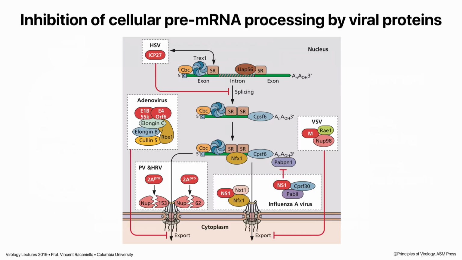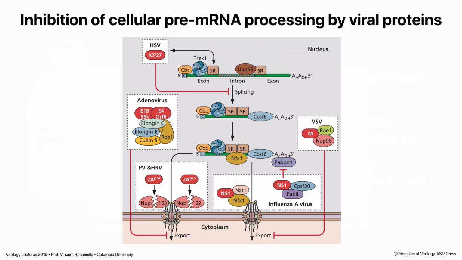Adenovirus actually forms a big complex of proteins. Viral proteins are in red, and the others are all cellular. The other proteins here are members of the ubiquitin family. So this is going to target the nuclear pore proteins for ubiquitination and eventual degradation. So it basically inhibits export as well. So again, a major focus on keeping cellular RNAs in the nucleus.